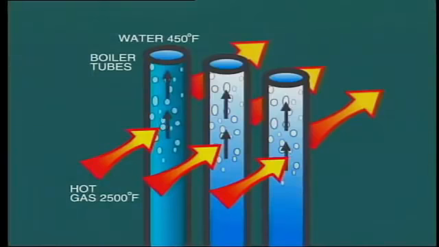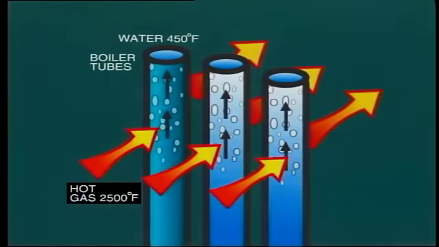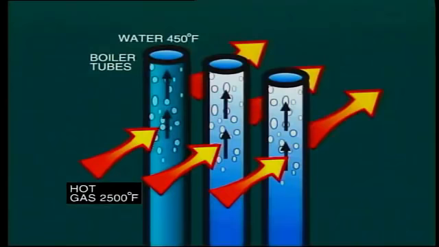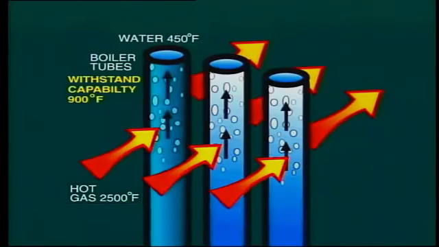But why are we so concerned about maintaining good circulation of water through the tubes? Well, just consider the fact that the temperature of combustion gas inside the furnace is in the range of 2,500 to 3,000 degrees Fahrenheit, and by comparison, the temperature withstand capability of the wall tube metal is about 900 degrees Fahrenheit.